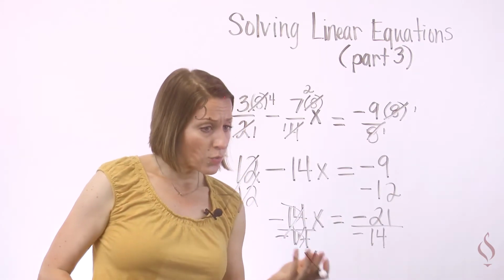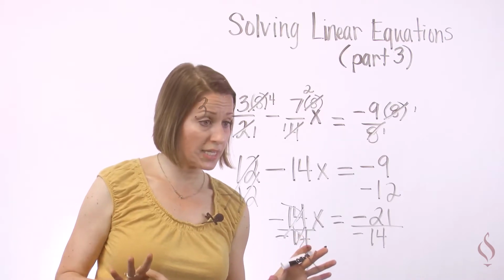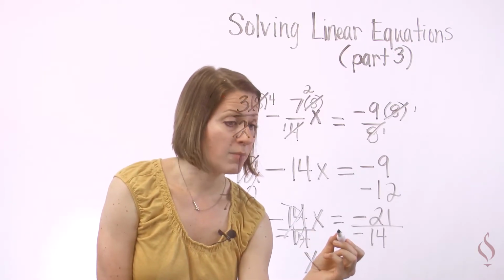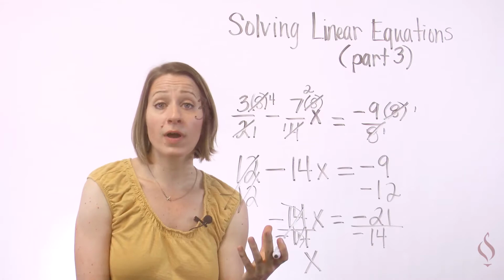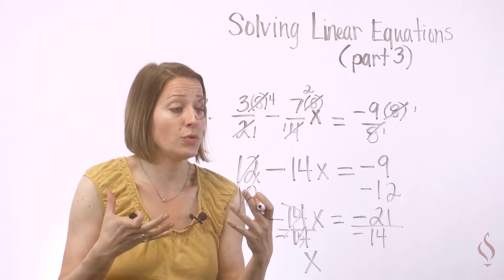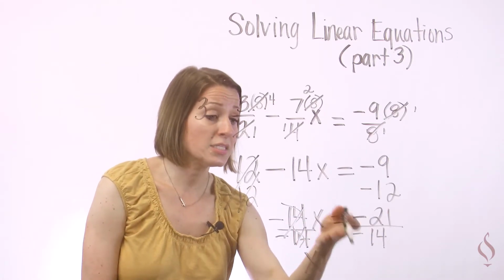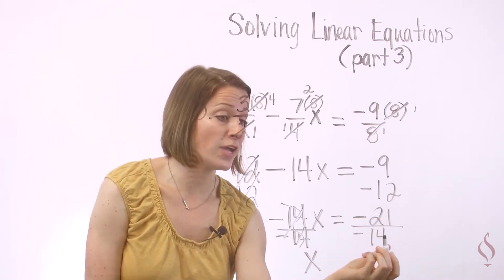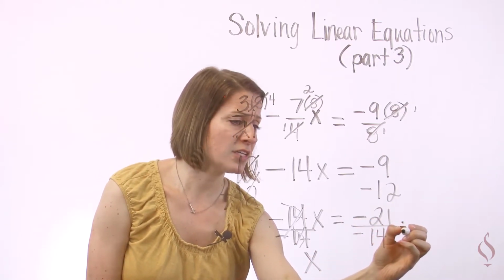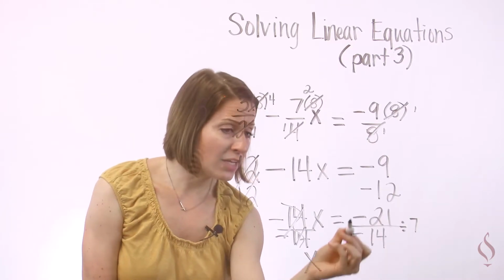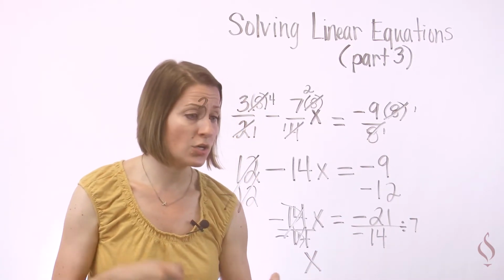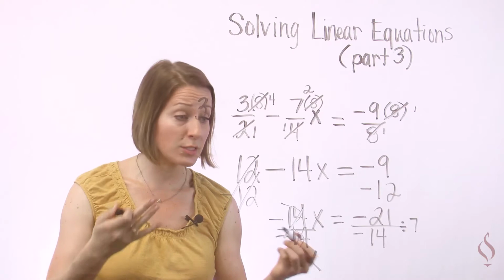And right here, we do have a fraction, which again is totally fine, but it's improper. I would take a few points off if you left it in this form. It really needs to be simplified. It looks like 7 can go into both of these, and both of them are negative, and so a negative divided by a negative is a positive.